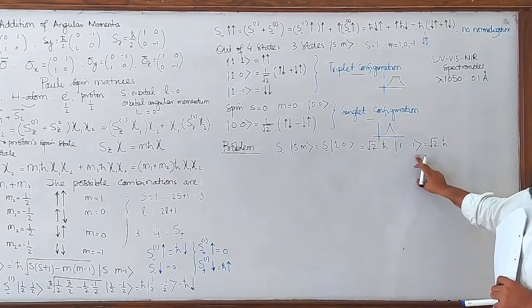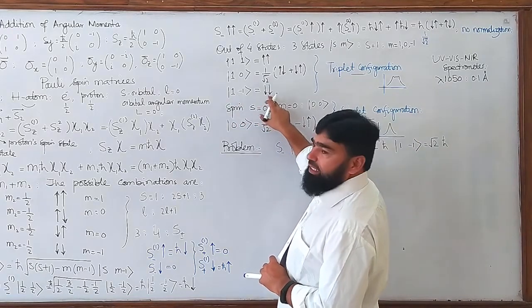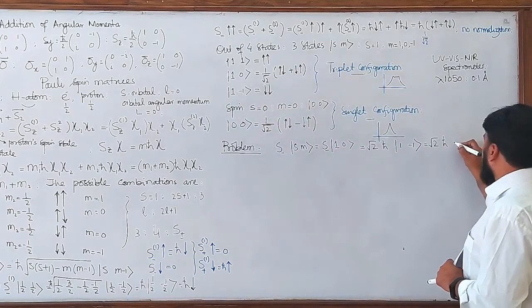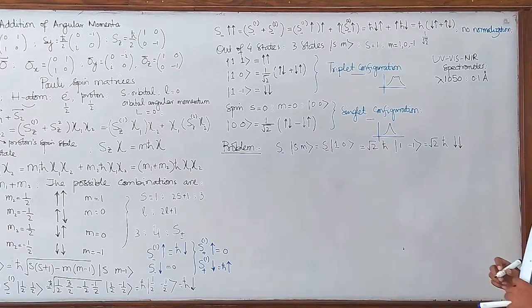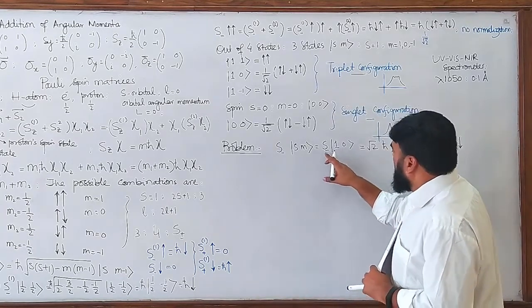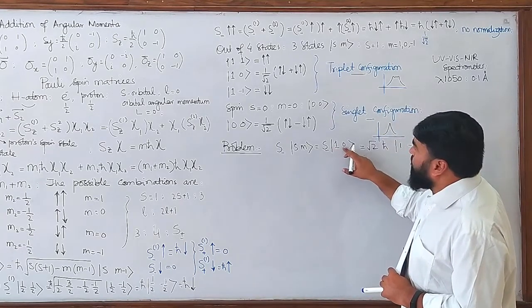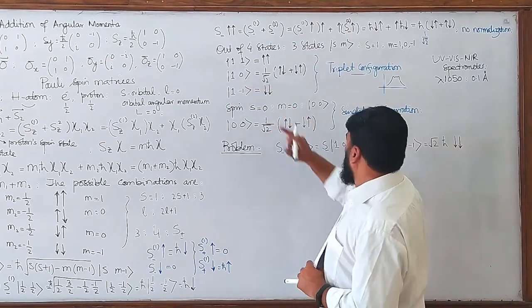Which state is this one? The 1, minus 1 state is 2 arrows down. So how did you start? You applied S minus on the 1, 0 state. The 1, 0 state is this one.